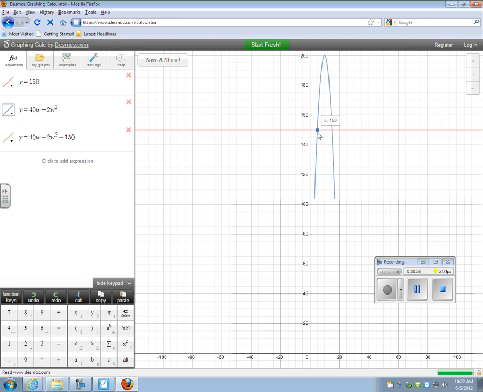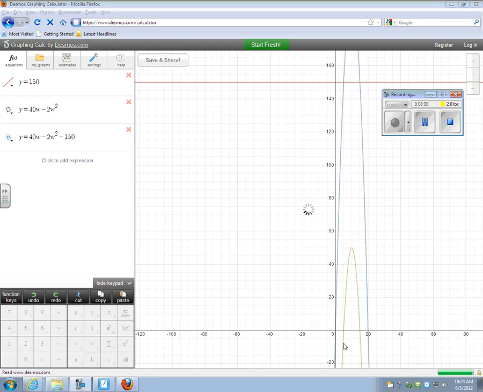If I follow this, it equals 150 at 5 and at 15. So now what I'm saying is my green graph's x-intercepts should also be 5 and 15. So we're looking at the x-intercepts of this graph, and look, it crosses at 5, and it also crosses at 15. Okay, so two ways to solve there.